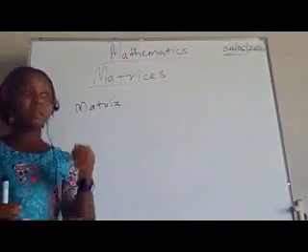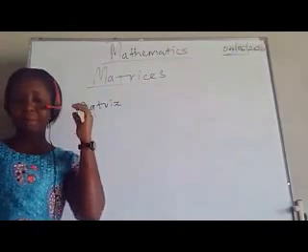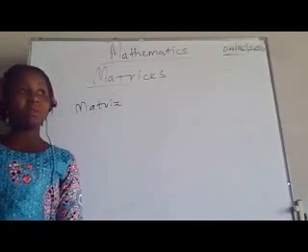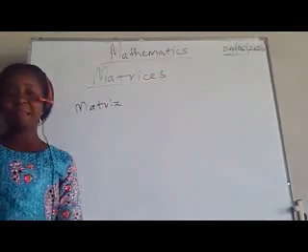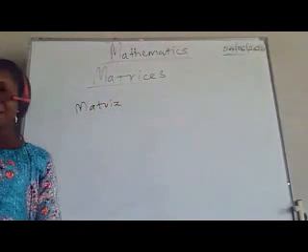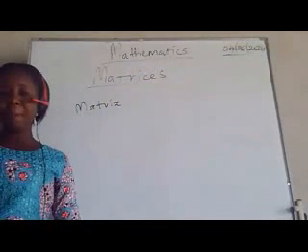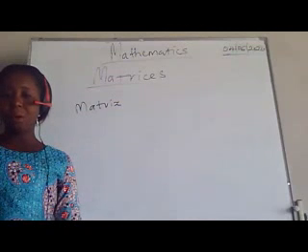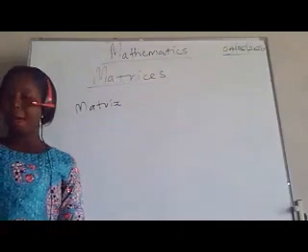A matrix is simply a set of numbers that is arranged in rows and columns to form a rectangular array. What did I say? A set of numbers arranged in rows and columns to form a rectangular array.